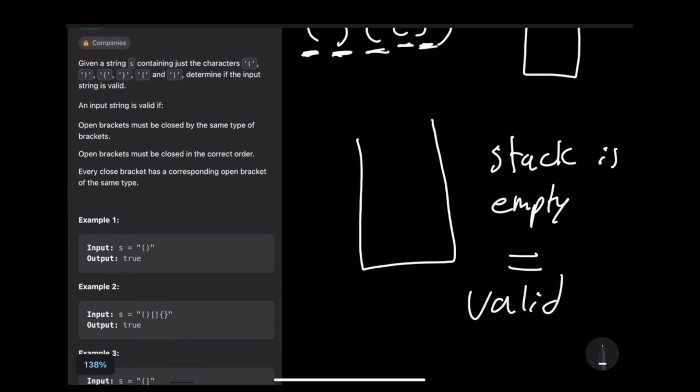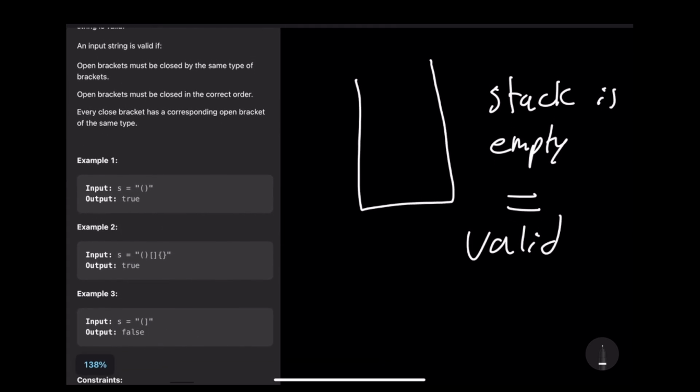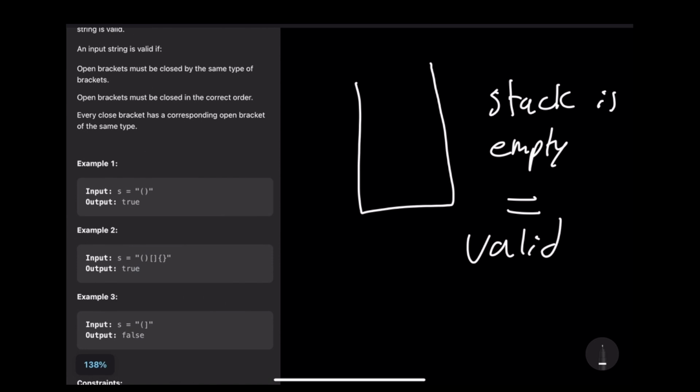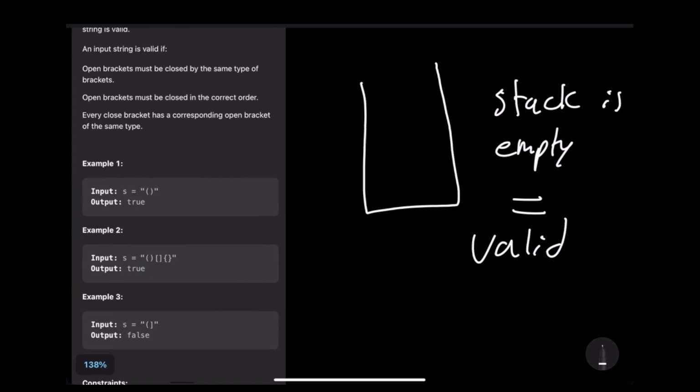And there's one interesting side case here, right? Because what if I saw a string that started with something that was closed? What do I do in that case? Well, if we look in the stack and it's empty, we know that we can't see a closed.